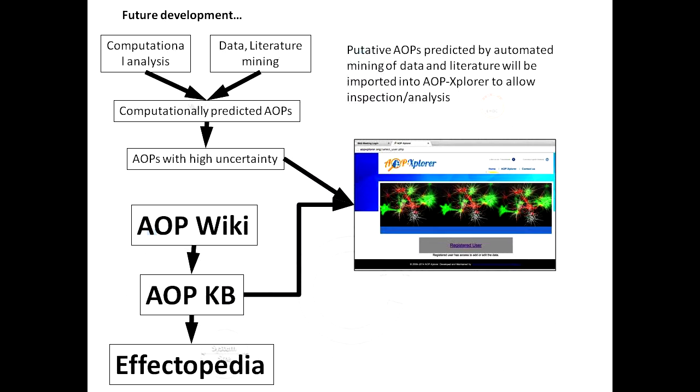We're also going to be working on taking putative AOPs or computationally predicted AOPs based on literature and data mining, where you might generate hundreds of potential adverse outcome pathways, or there may be some very speculative adverse outcome pathways, basically adverse outcome pathways with high uncertainty, that haven't had a lot of human curation on them. Those can be put into the AOP Xplorer and give a way to start looking at them without having a high overhead for entering text and things like that.